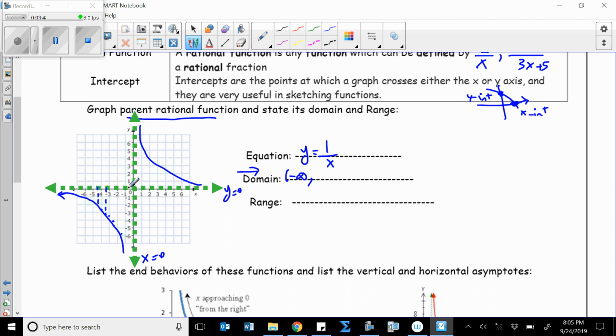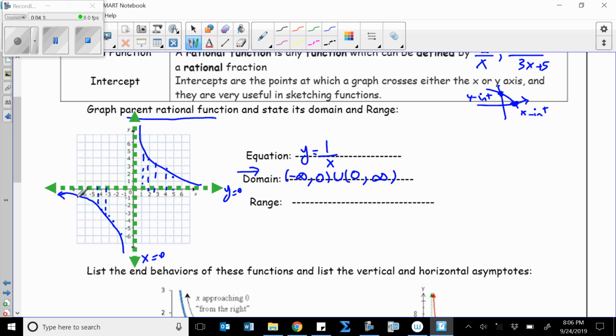I have to make a jump and go after 0, and then again continue. As I go after 0, again everything is defined for my graph. So I move from negative infinity to 0, and then I stop and jump, go to the point after 0. So it's here, 0 to infinity. So this is my domain.